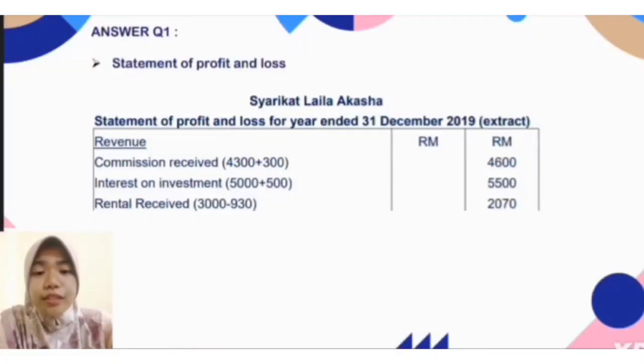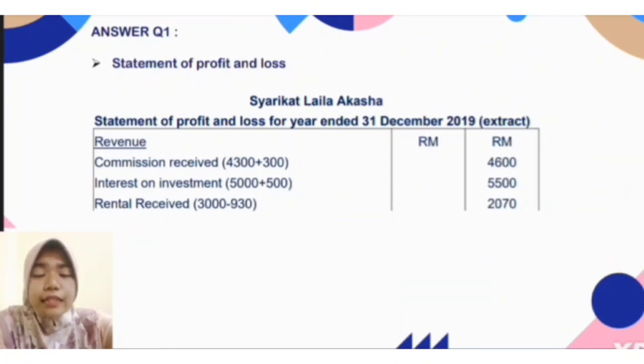After you do the journal and ledger, you must open the statement of profit and loss. Under the statement of profit and loss, we just extract the revenue part. Under the revenue, we have three different items. First is commission received. How you get the 4600 is from the amount in the trial balance, 4,300, you must add 300 from the additional information.